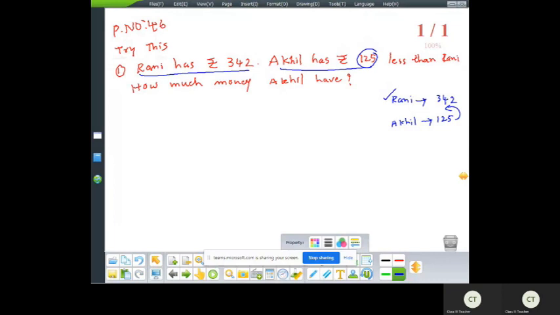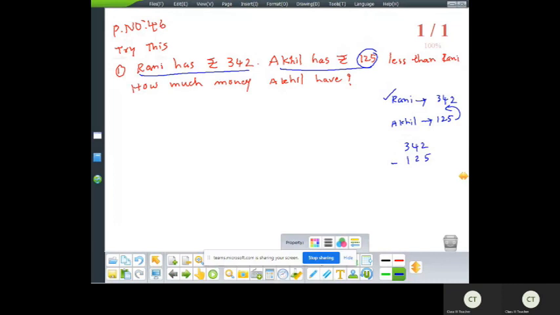See, first of all, Rani's amount is 342. Akhil has 125 less, meaning less money, how much? 125. We are comparing Rani's amount and Akhil's amount.